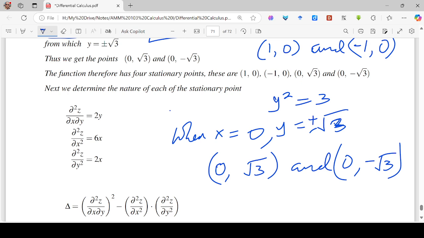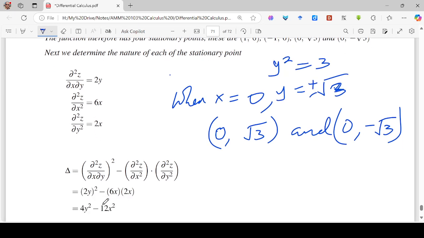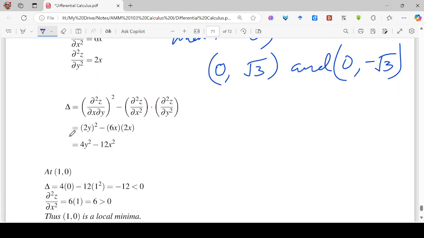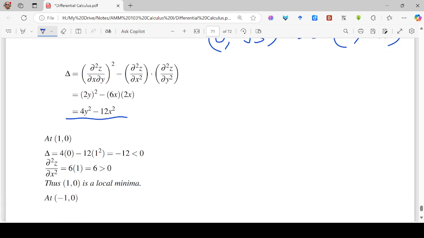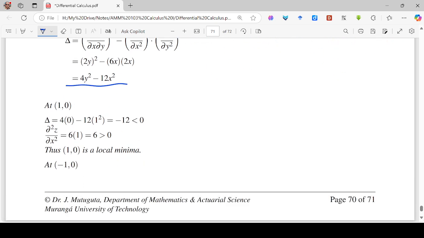In total, this function has 4 stationary points. To determine the nature, we need to find the second order partial derivatives. We compute delta. Delta will give us this. And then we find the value of this delta at each of the stationary points.